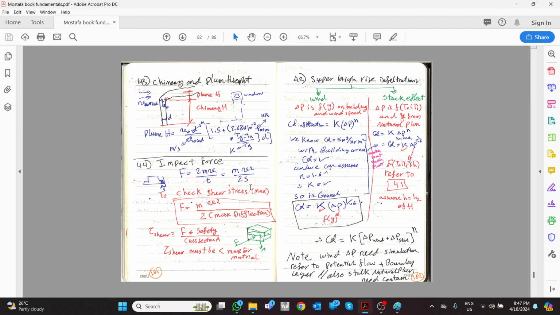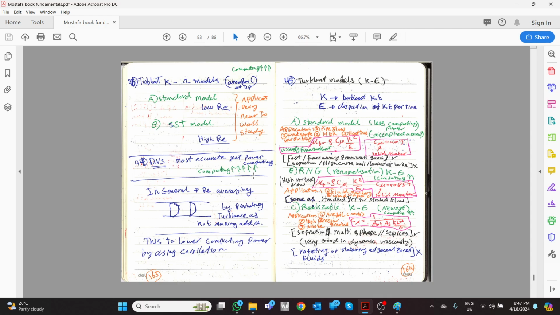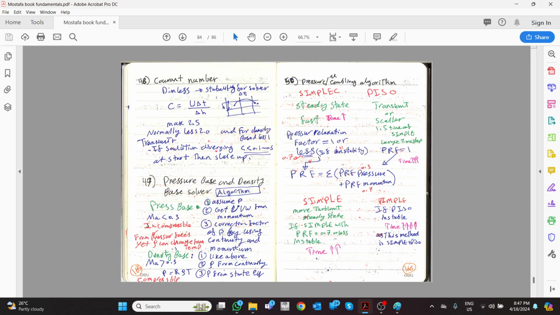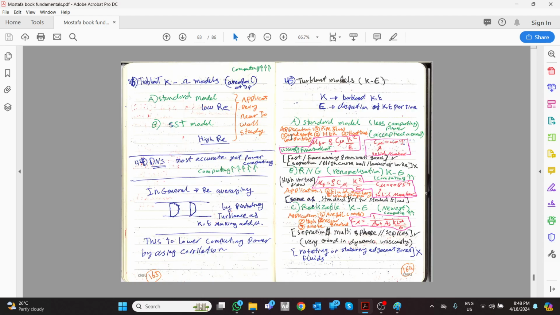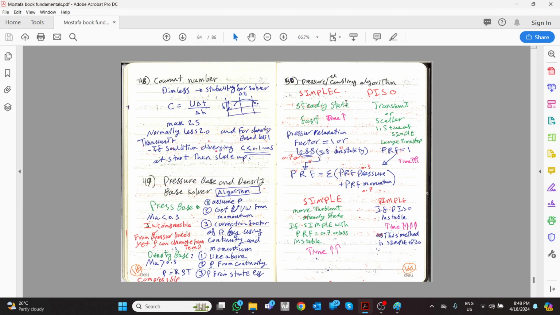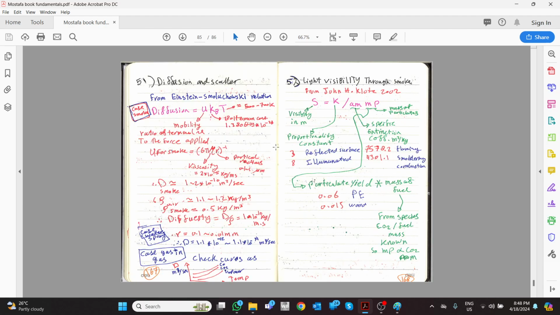It is a little bit far away now from the fluid mechanics and CFD, but these are definitions you need to know. Here we're going to concentrate on some definitions in the CFD itself, not the fluid mechanics, and methods of solving.